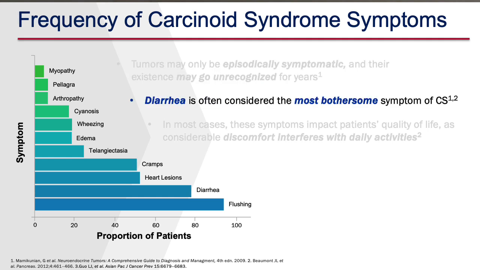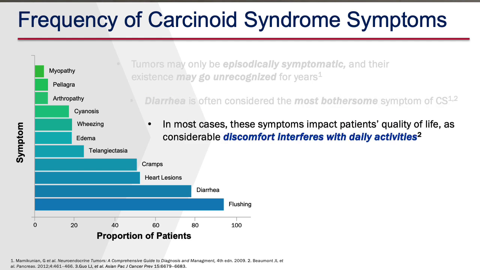Diarrhea is often consistent and bothersome. Of course, we discussed earlier that diarrhea and flushing can be bothersome to everyday activities and interfere with the quality of life, and that's something we always need to improve in the management of neuroendocrine tumors.